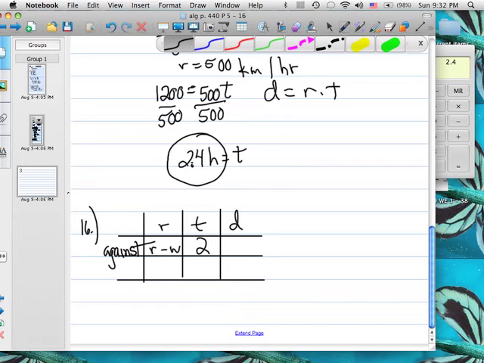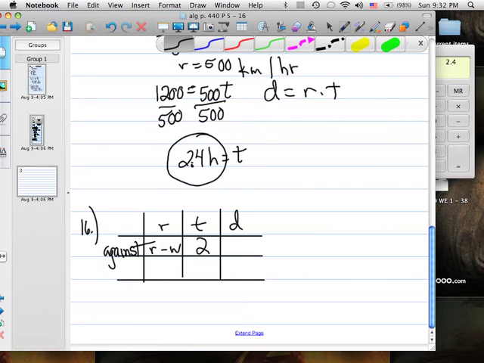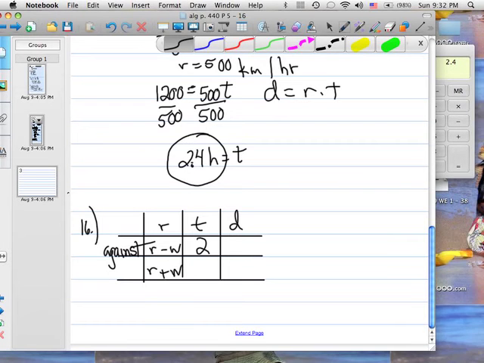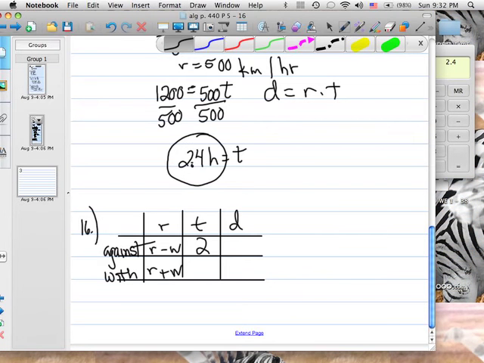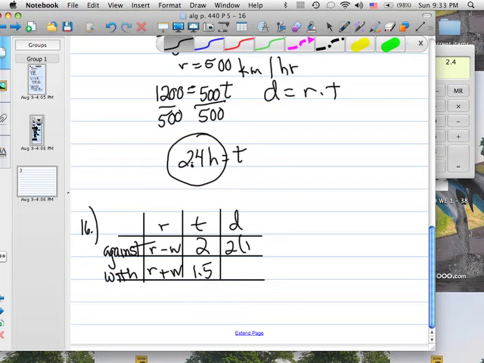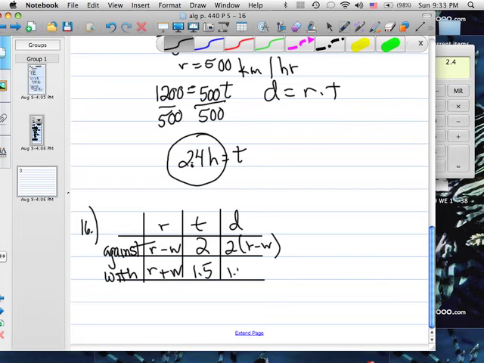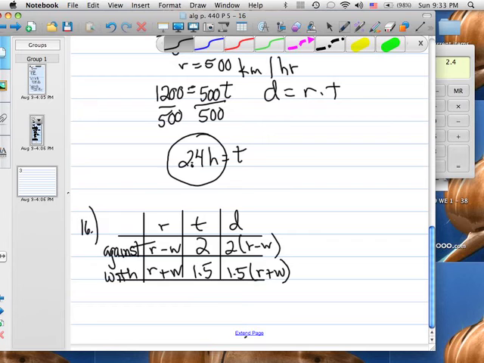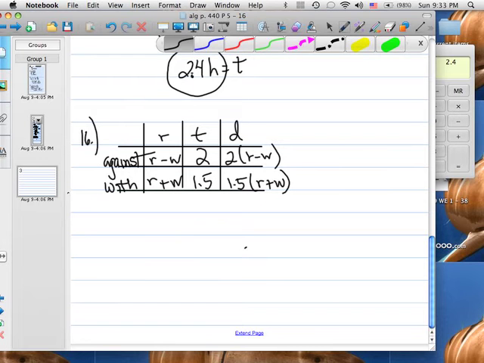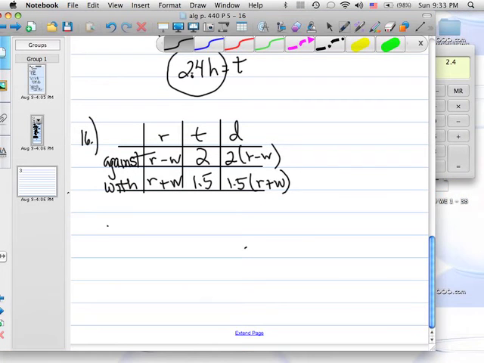So R minus W. And it takes 1.5 with the wind. So we have 2 times R minus W represents the distance against, and 1.5 times R plus W, the distance with. And they both equal 1,080.